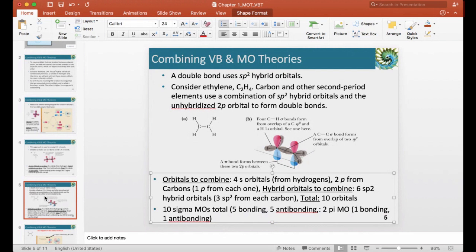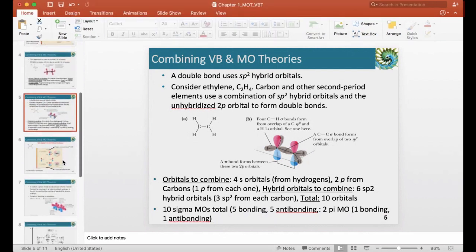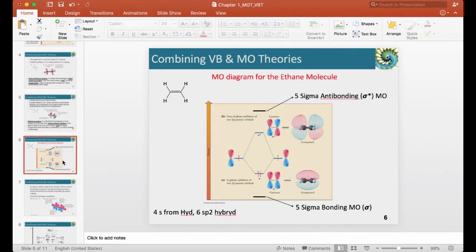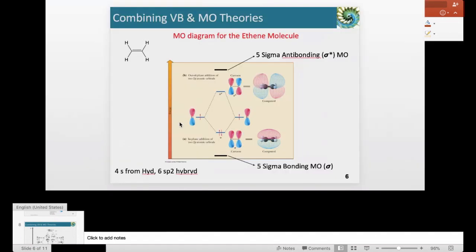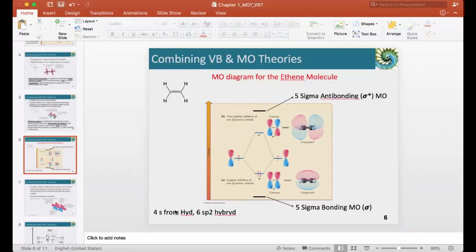Okay, so let me show you how it looks now in the real diagram. Here is the molecule of ethene. First of all, as I said, we have the sigma bonding molecular orbitals. Those are the lowest in energy. Look at the sigma bonds here according to valence bond theory.